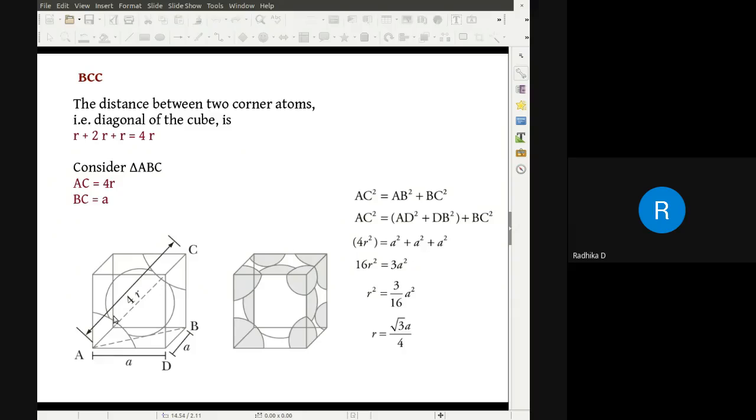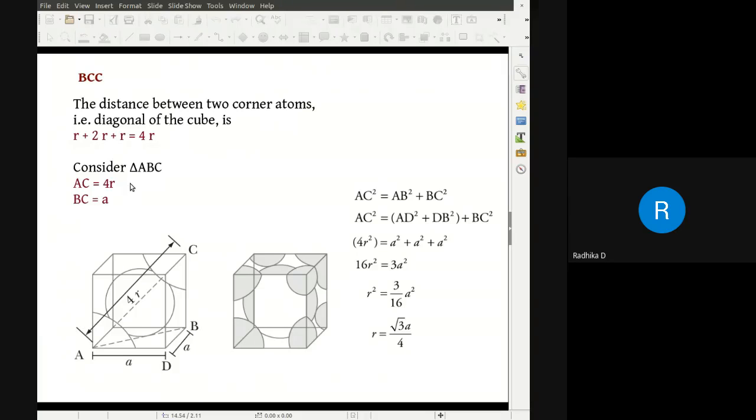This is a full diameter of the sphere which has come into the picture, so it is twice the radius. So if I take this full distance AC, I get R plus 2R plus R, that is 4R. So the distance between two corner atoms in the diagonal is 4R.